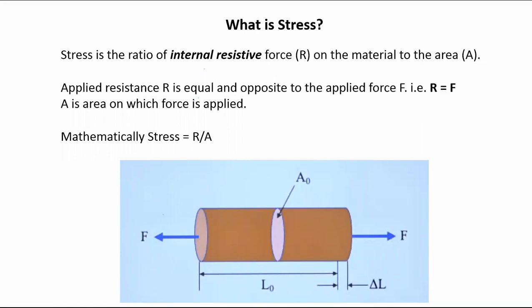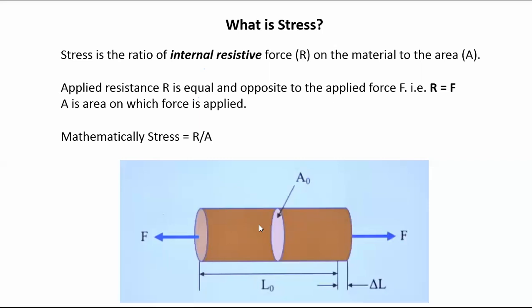The stress is the ratio of internal resistance offered by a material on the area on which the external force is applied. Let us see in the diagram. If a force F is applied on this cross-sectional area, then the internal stress will be generated inside the material.